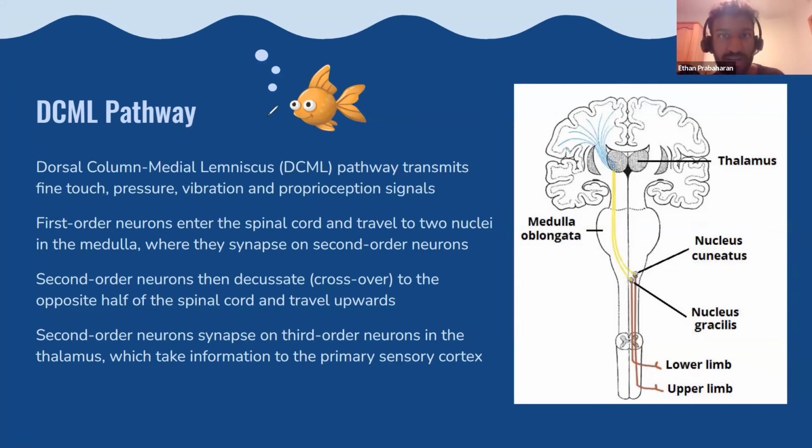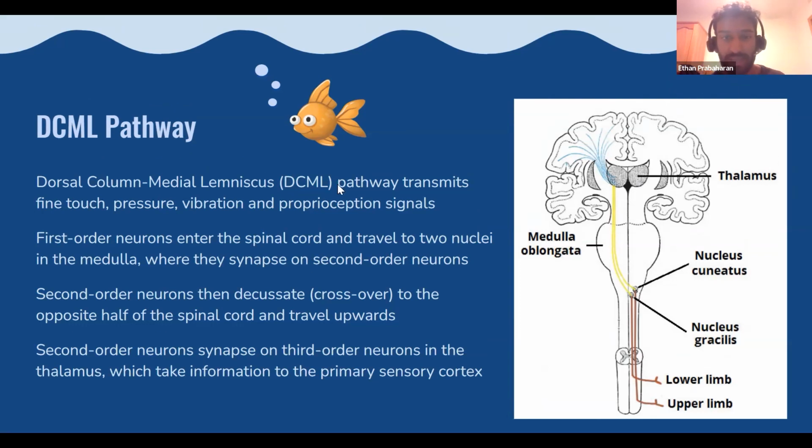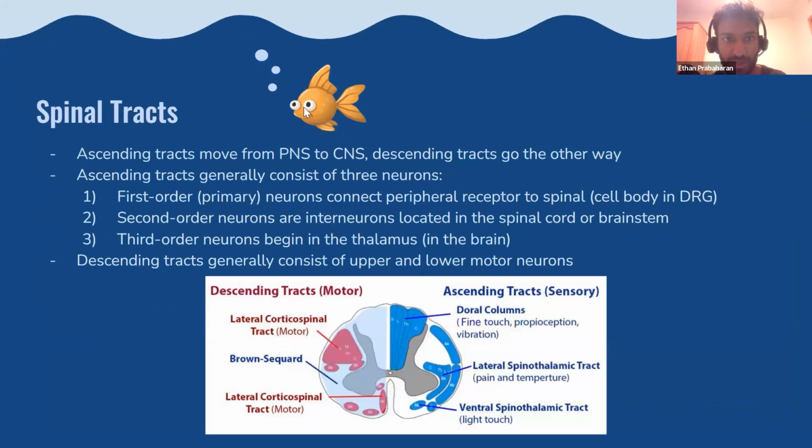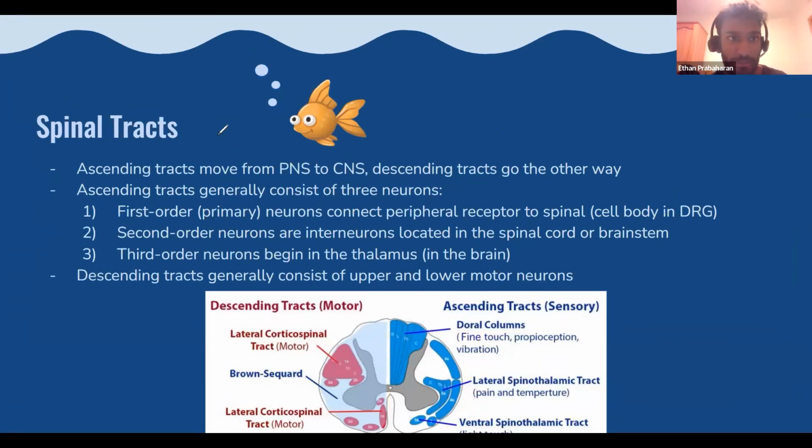So the first track that you need to know is the dorsal column medial lemniscus pathway. Really, what those words mean doesn't matter. Just call this DCML pathway. Dorsal just means sitting at the back, like the dorsal root. So if we actually look at the spine, this tract is situated in the posterior, the dorsal regions, right?